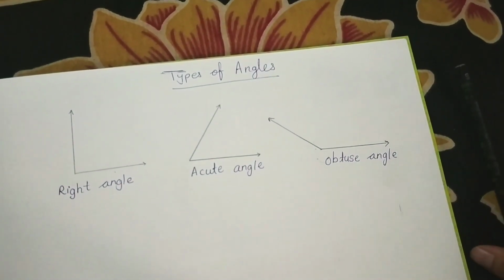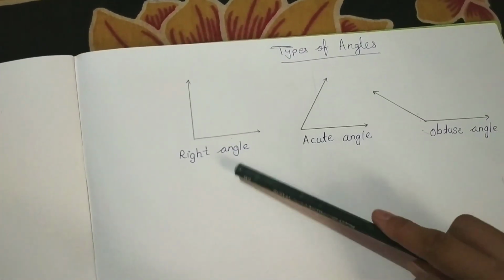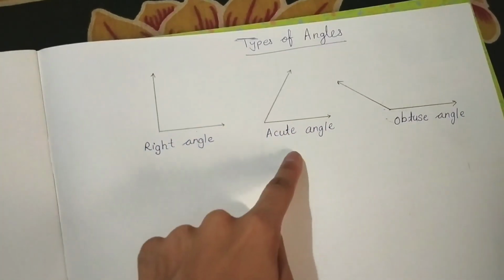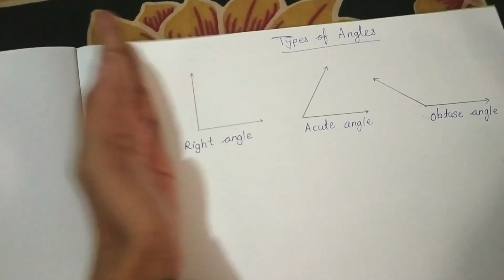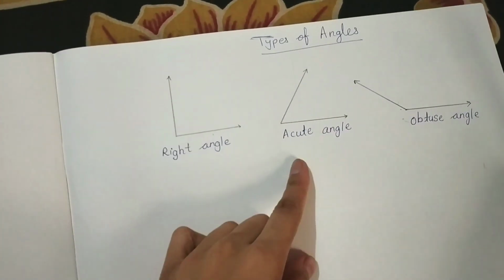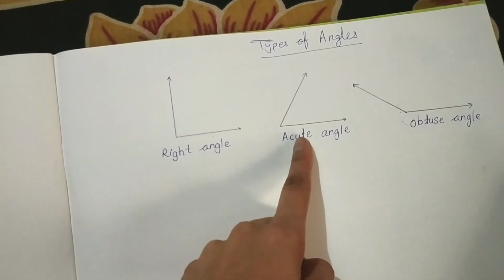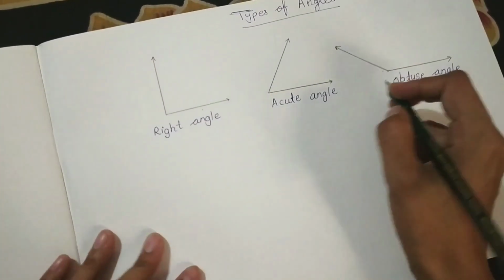It is bigger than a right angle. And these are the 3 types of angles: right angle, acute angle, and obtuse angle. In a right angle the upper arm is always straight. An acute angle is smaller than a right angle, and an obtuse angle is bigger than a right angle.